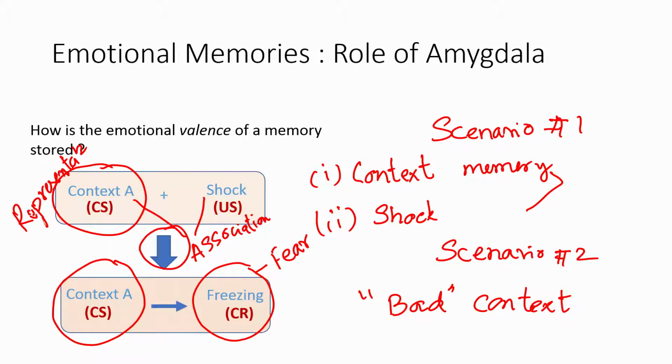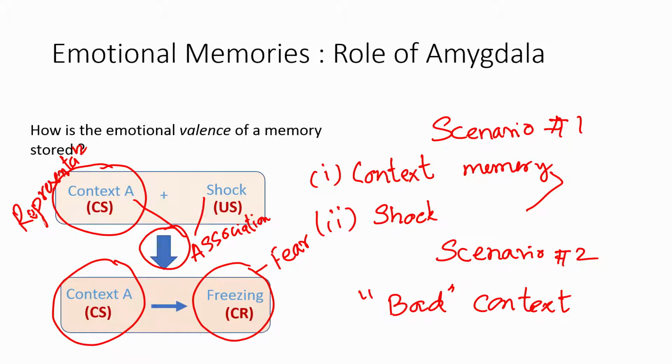Now, to understand how they used the combination of immediate early genes and behavior to address such an important question, I need to tell you a little bit more about associative memory itself and the experiments that we use to probe it, which is contextual fear conditioning.